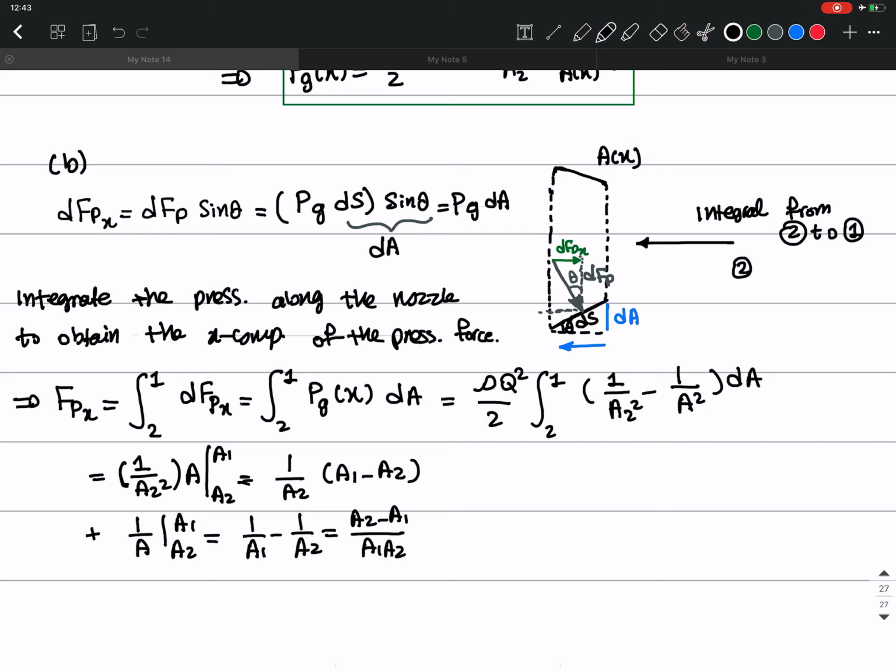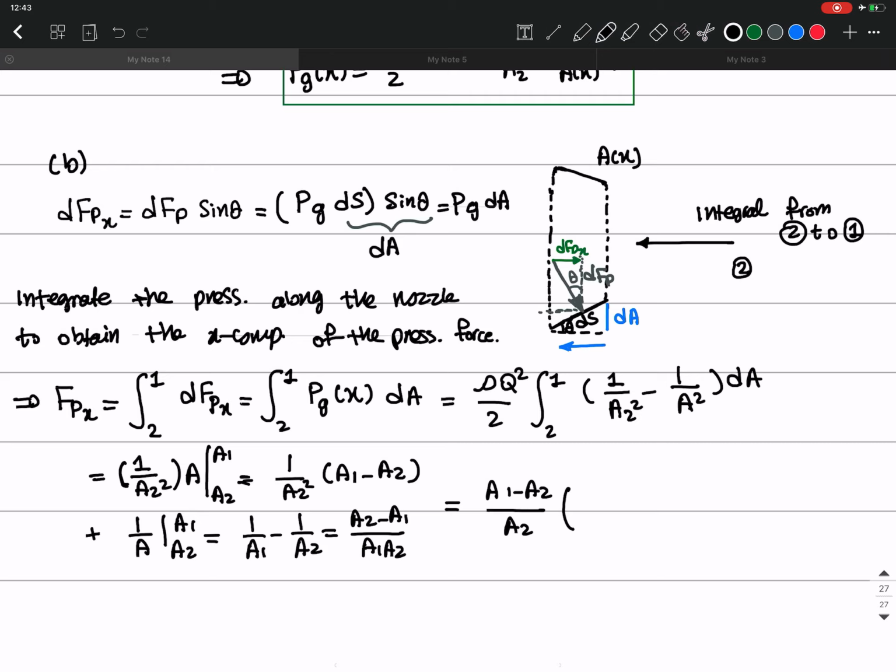Okay, so if you add these two terms together, what are we going to get? I am going to factor out (A1 minus A2) over A2 from both of these terms, right? This one and this one. Then the first term is going to be 1 over A2, since this one has a square here. Let me just make sure I'm not wrong.